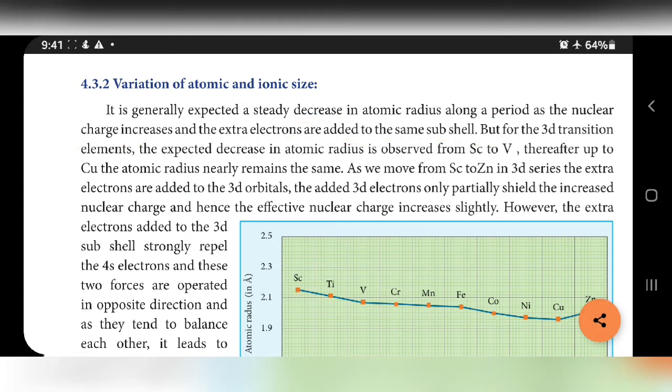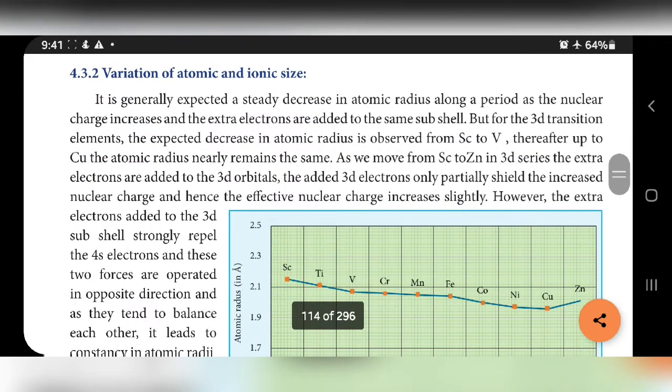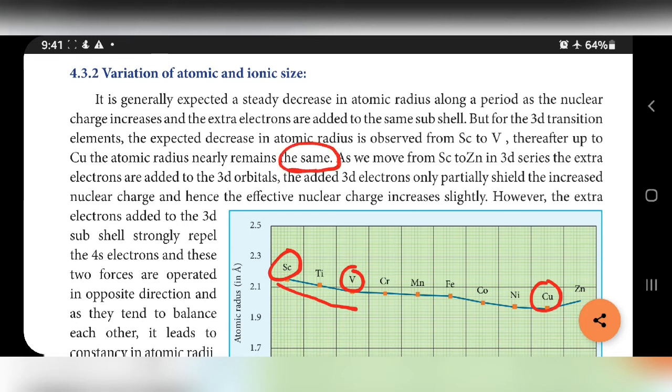See the series from scandium to vanadium only, atomic size decreases as expected. Thereafter, from vanadium to copper, the atomic radius remains nearly the same.